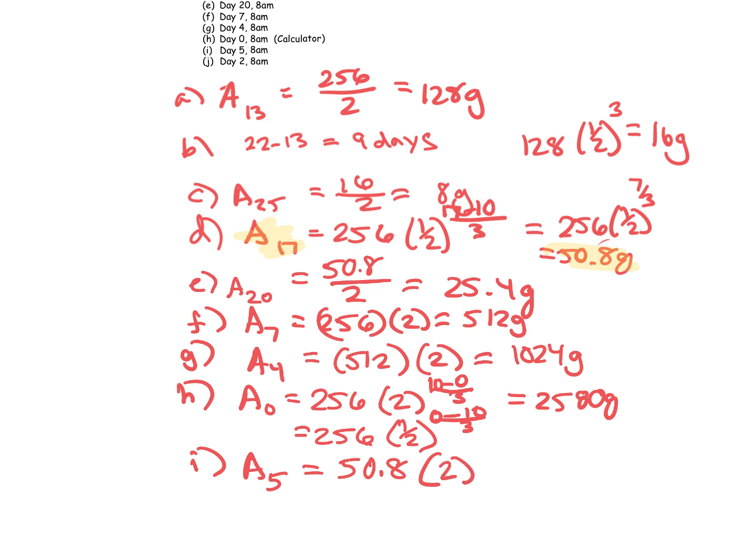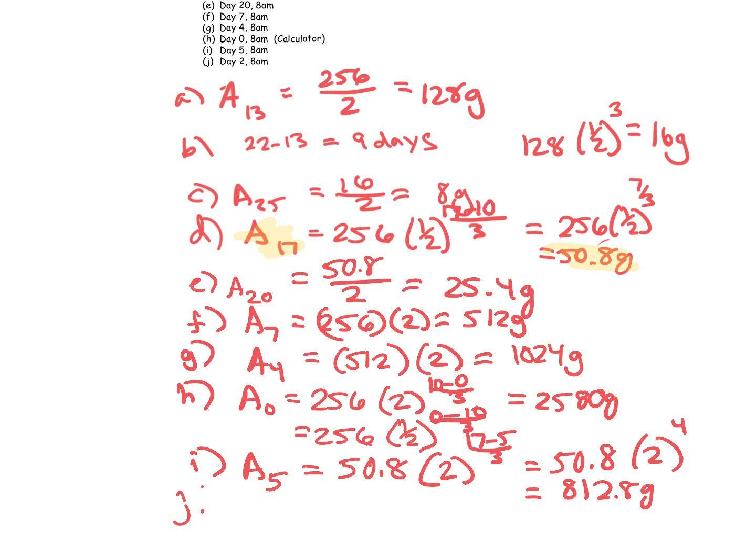And let's do the difference between 17 and 5. So 17 minus 5 is 12, and 12 divided by 3 is 4. That is what makes this nice, because it's going to be 2 to the 4th here. So in other words, you're doing 50.8 times 16. Granted, it would be nice to use a calculator for that, but you could do it without. So 812.8 grams.